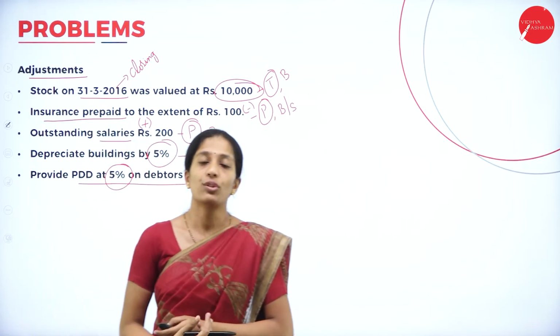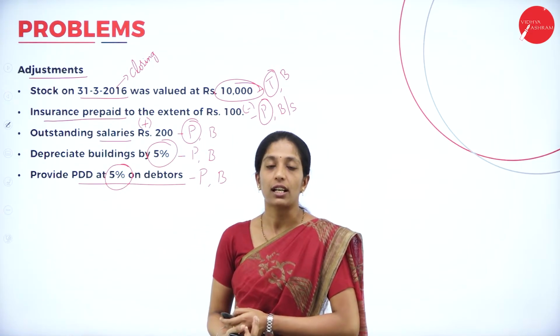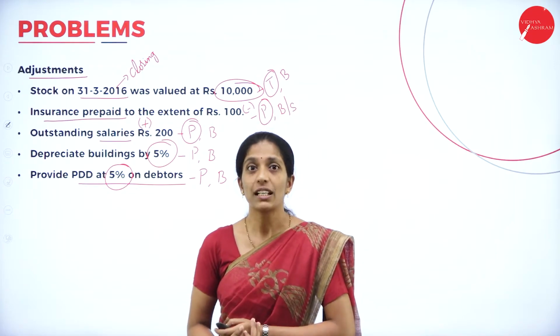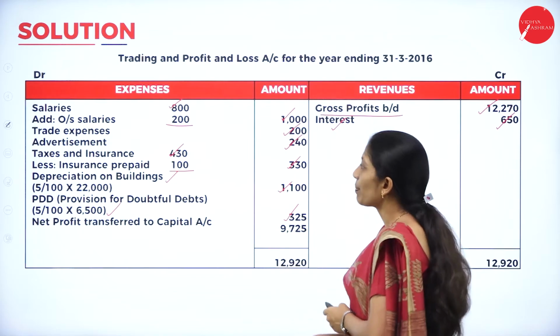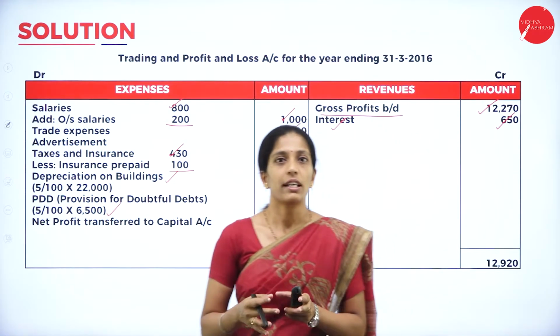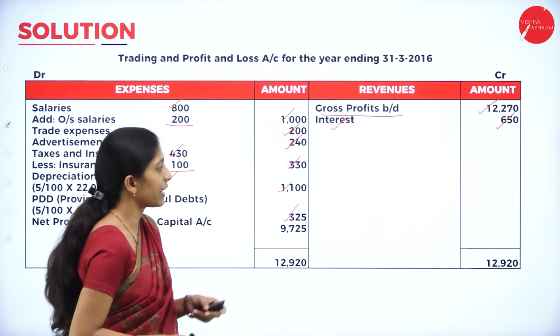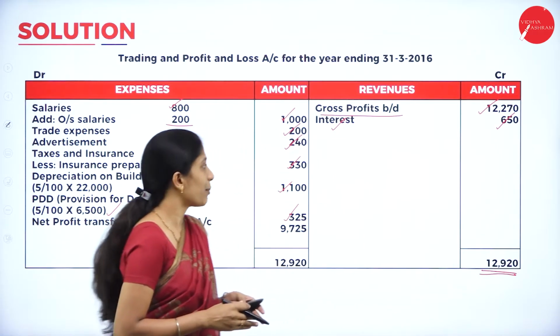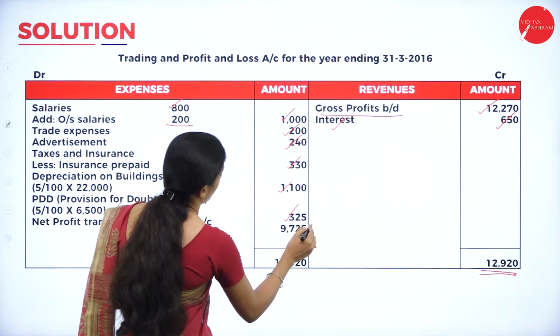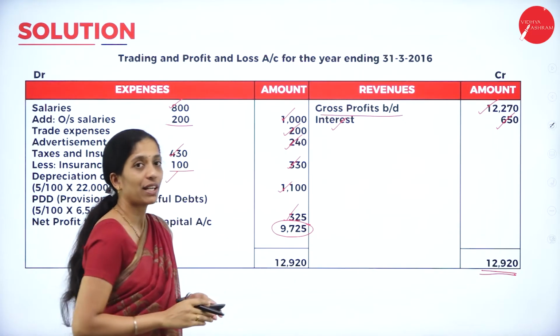Now what you have to do? You have to balance your profit and loss account and the balancing figure will be net profit or net loss. So how we are going to balance? So balance both the sides. So if you see the balance here, in the credit side it is 12,920, whereas in the debit side you will get a balancing figure of 9,725.